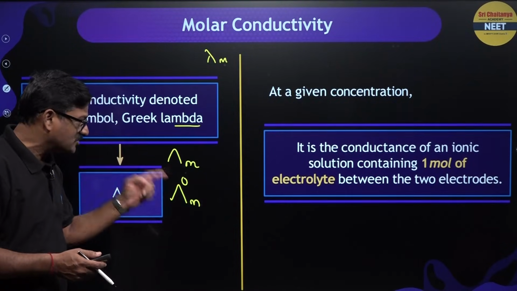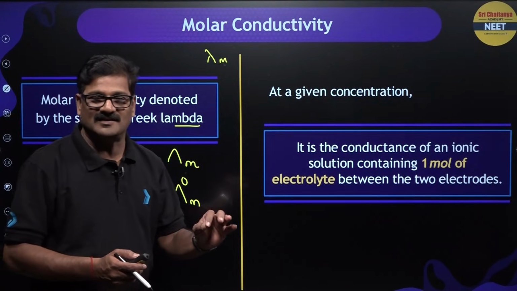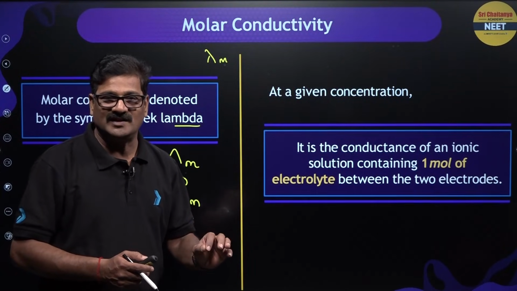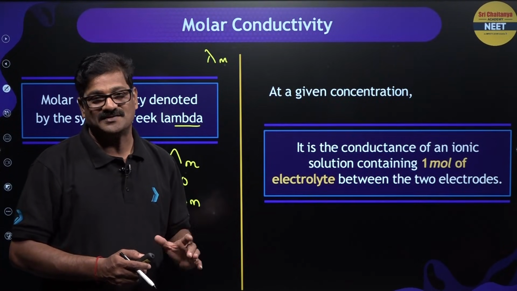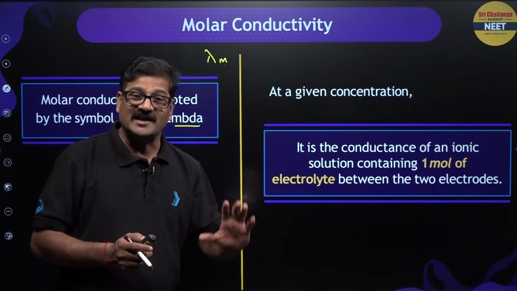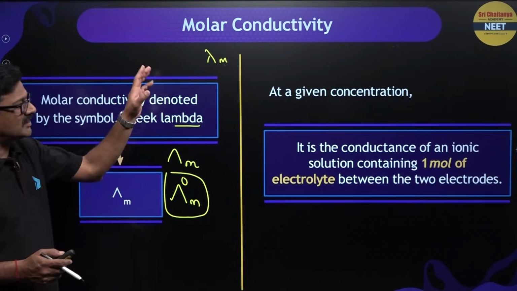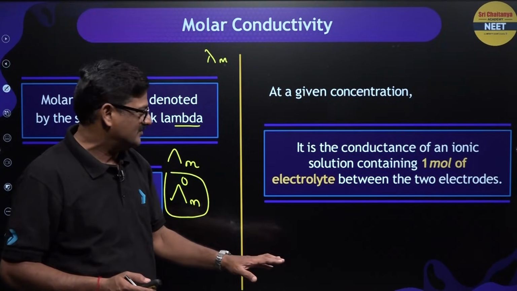You can say it is limiting molar conductivity, or molar conductivity at 0 concentration, or molar conductivity at infinite dilution. That is the game changer in the whole chapter on conductivity.